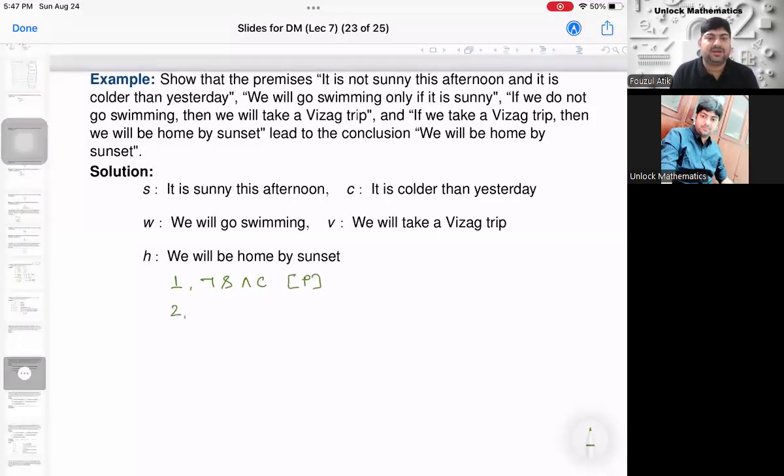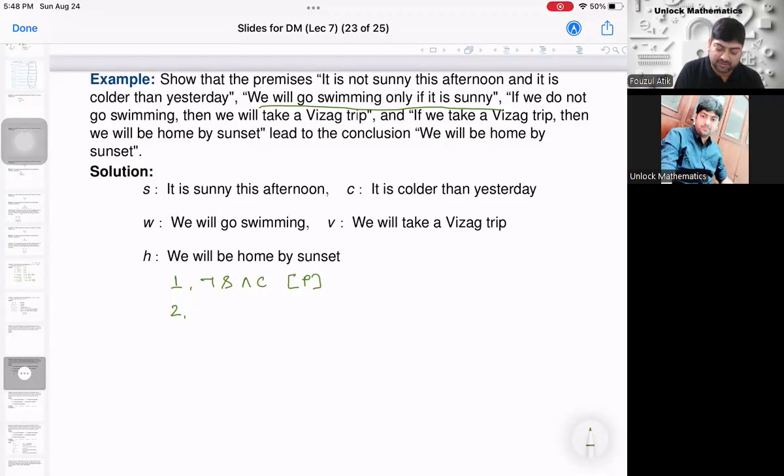Number 2, what is given? That we will go swimming only if it is sunny. It is not "if it is sunny", it is "only if it is sunny". All of you should remember that when we did the conditional statement, we told that there is some terminology you can write for P imply Q. So we will go swimming only if it is sunny actually means we will go swimming imply it is sunny.